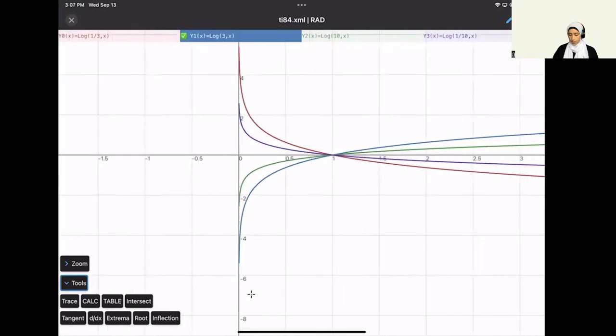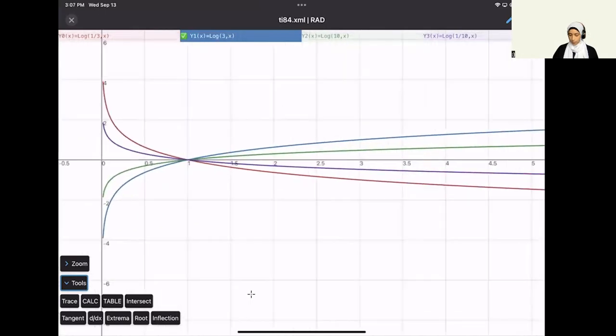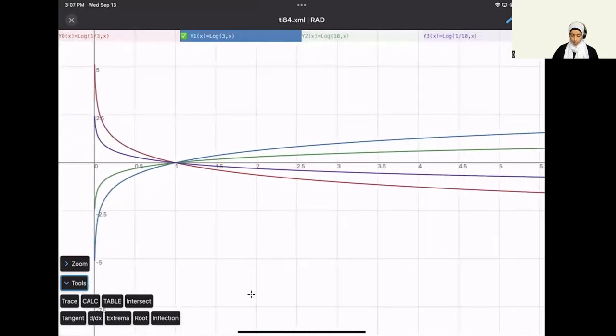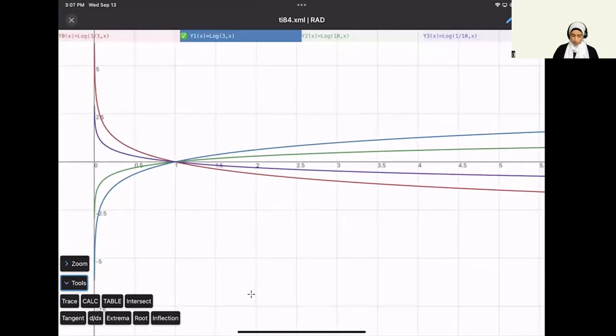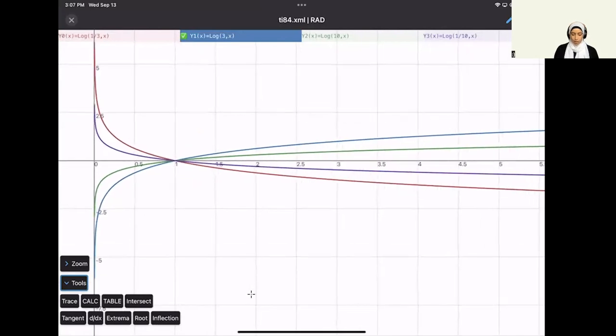And another thing to keep in mind is when they go through their points, for instance, the blue one, which is the one we just talked about, has the point 3 and 1, which happens right here. The red one, you can see, happens at 1/3 and 1.